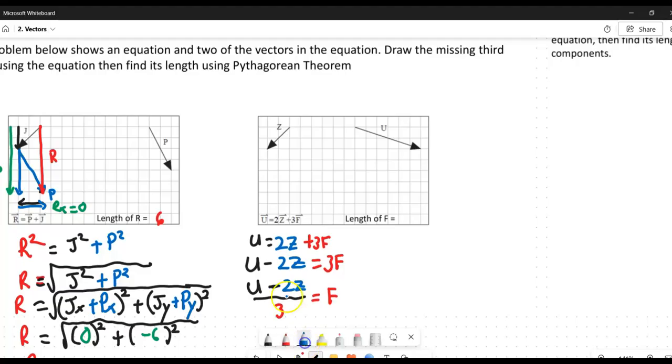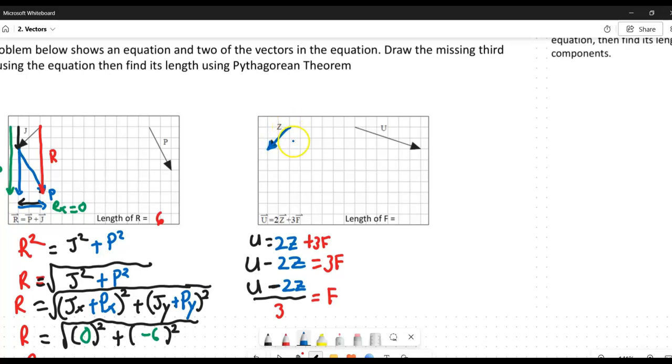Okay, so by solving this, it kind of tells you the order of what you need to do. So it's first saying we need to, so this is 1z.